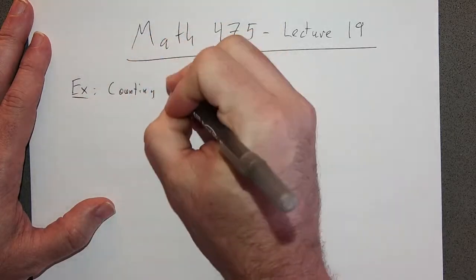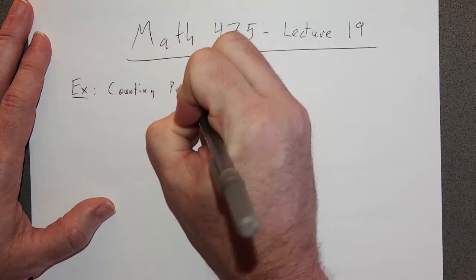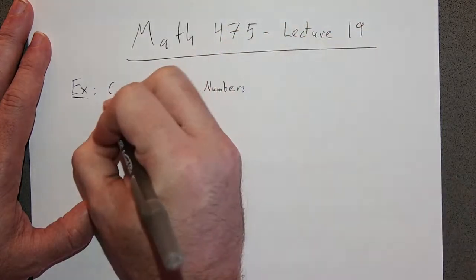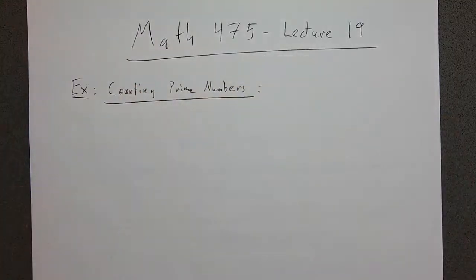This is counting prime numbers. You might already be aware of various results on counts of prime numbers. There's famously the prime number theorem, which was proved near the turn of the century, maybe late 1800s, early 1900s.